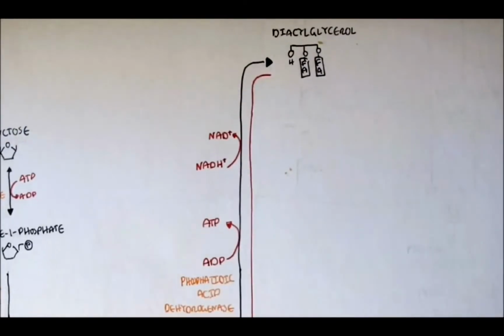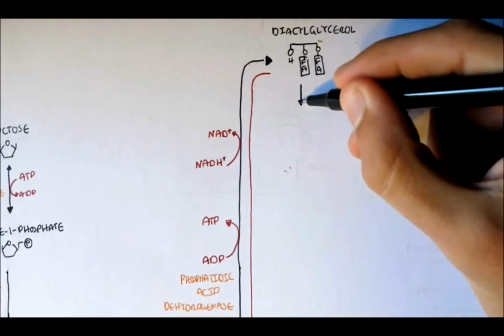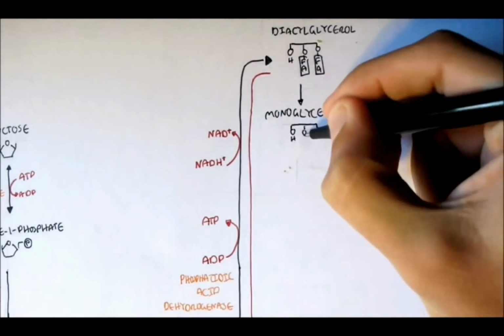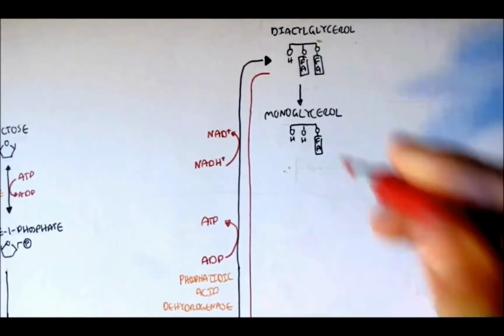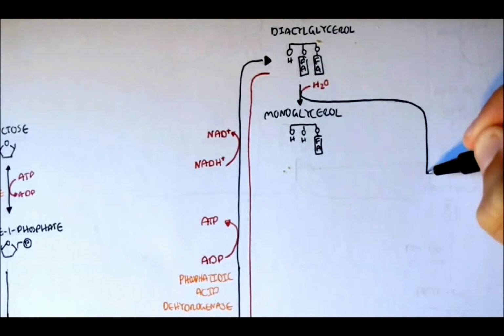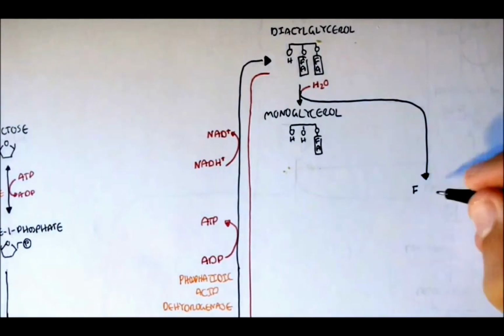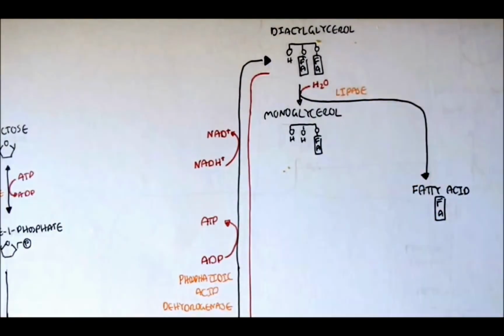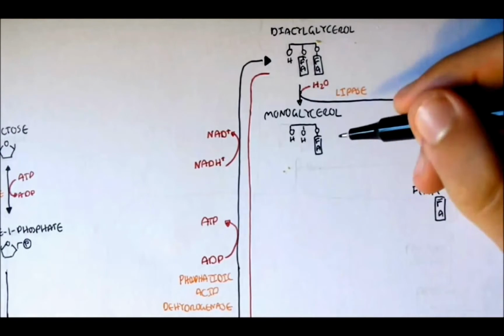Now, going back to diacylglycerol, it is a glycerol containing two fatty acid chains, conveniently bound to the glycerol molecule through ester linkage. If we remove a fatty acid from diacylglycerol through a hydration process, it will then form a monoglycerol and a free fatty acid, a glycerol with only one fatty acid chain. Now, the free fatty acids are usually stored if they don't do anything.